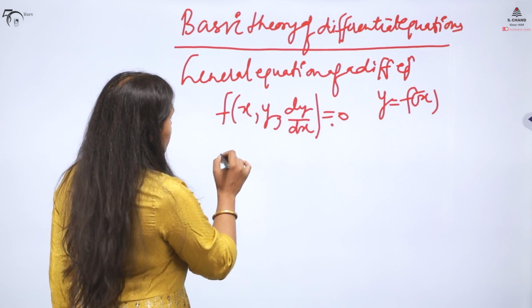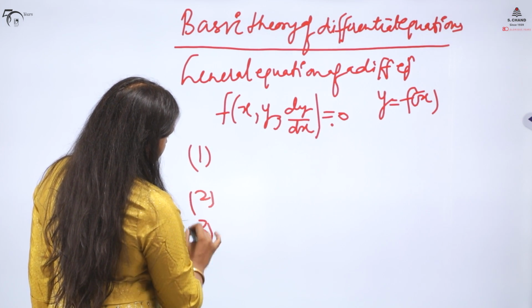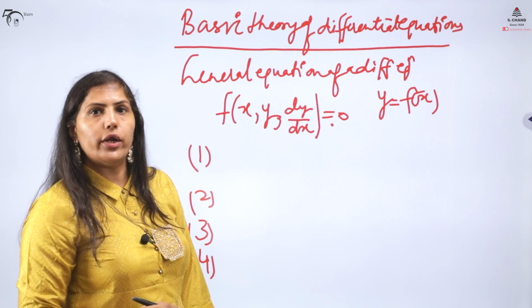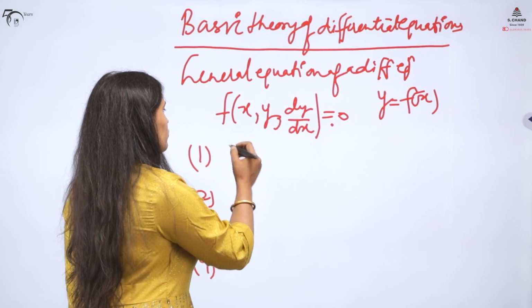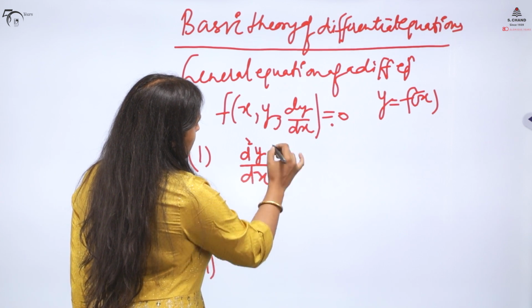Now, I am just writing a few 2-3 equations and I will tell you how to judge order and degree, because after that the important point is order and degree of a differential equation. I am writing a few differential equations.